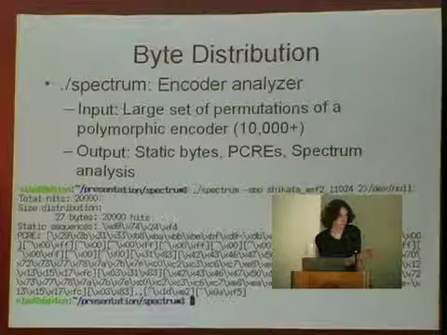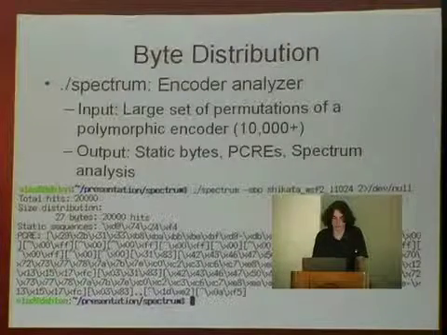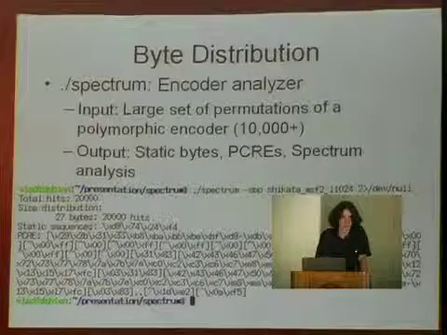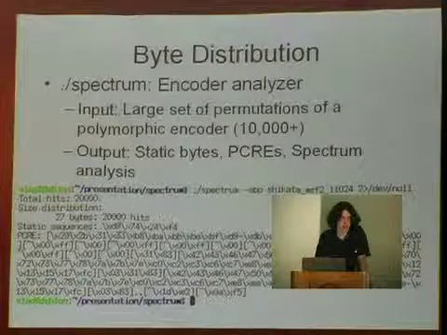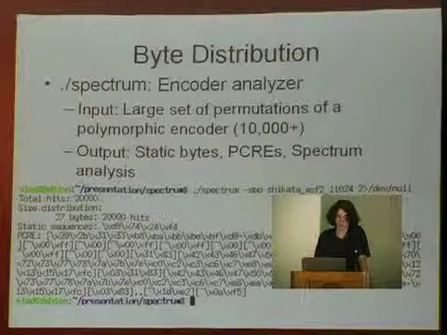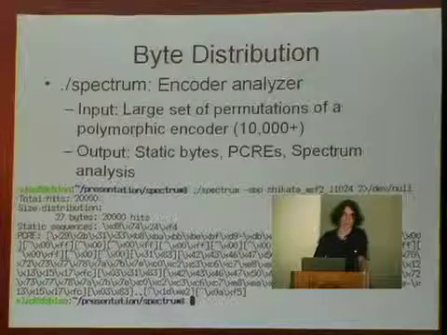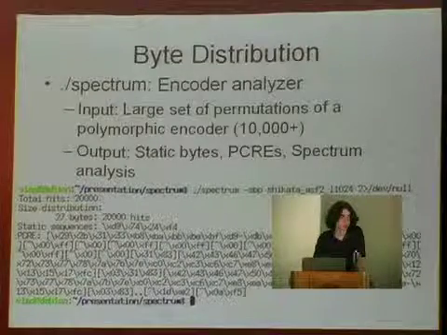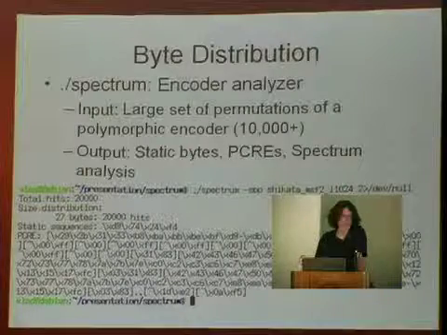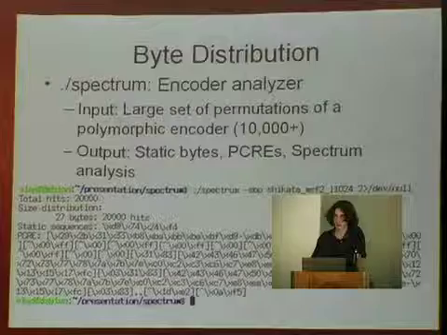But if you look down below, I'm sorry if you can't see that, it's just the dot spectrum program being run with the options SBP, which means size, static bytes, and PCRE, or Perl regular expression, on a file called Shikata MSF2 L1024, which means it's a bunch of Shikata Ga Nai encoders in Metasploit Framework 2 that are less than 1024 bytes.